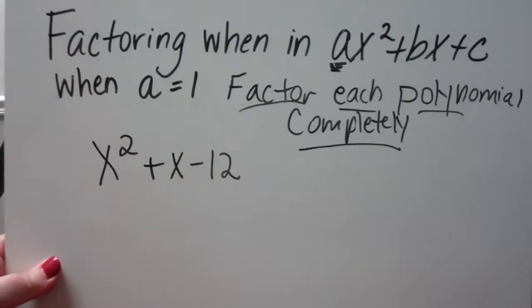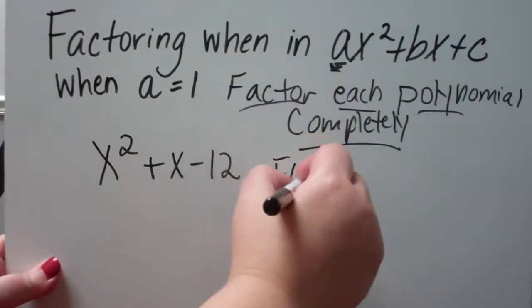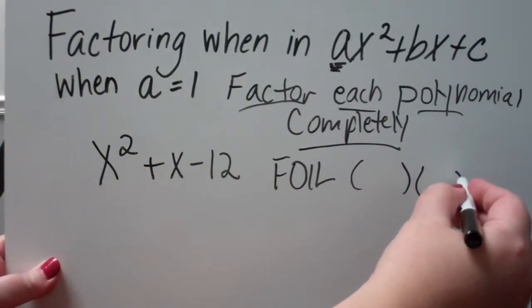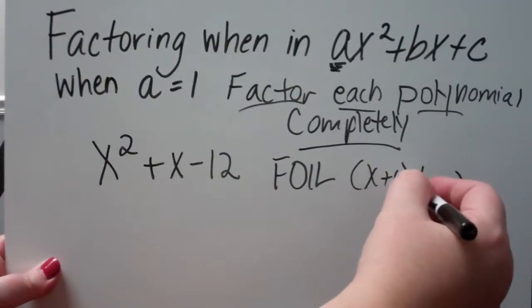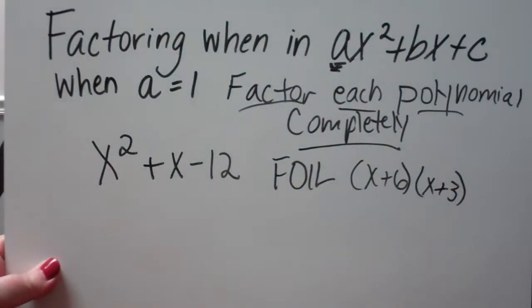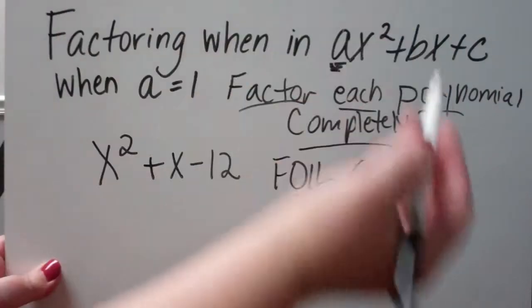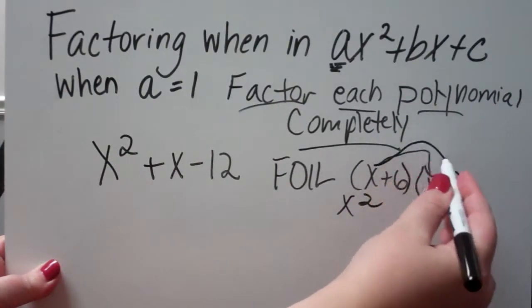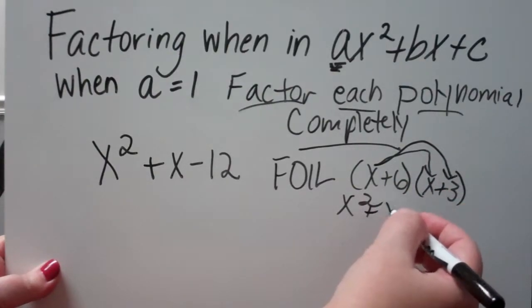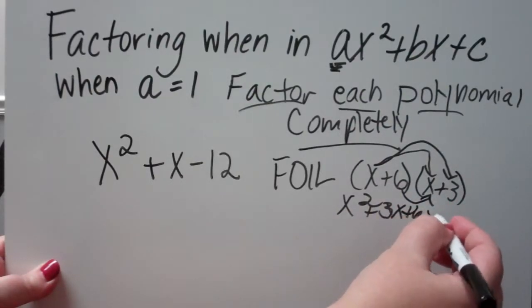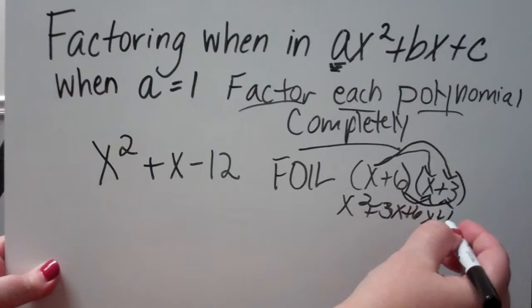In the last chapter, we did what we called the FOIL method, where we would take two factors and we would FOIL those out. We would multiply x times x, x times 3, 6 times x, and 6 times 3.